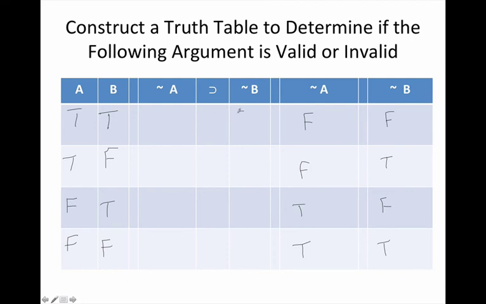So we need to determine the values for tilde b first and tilde a first. It doesn't matter whether you do tilde b first or tilde a first, but you have to do the tildes first. Then you can determine the horseshoe.